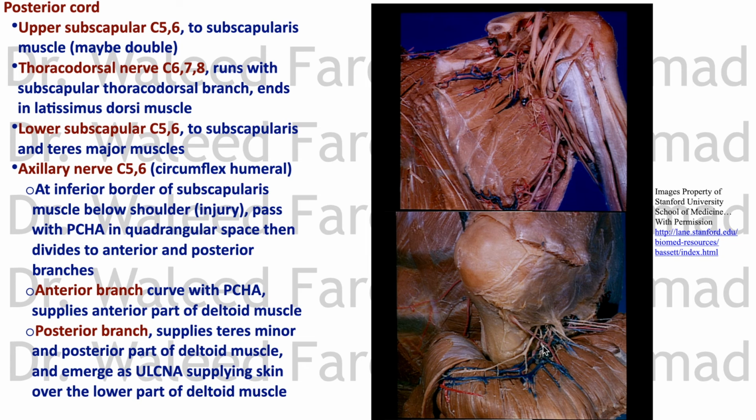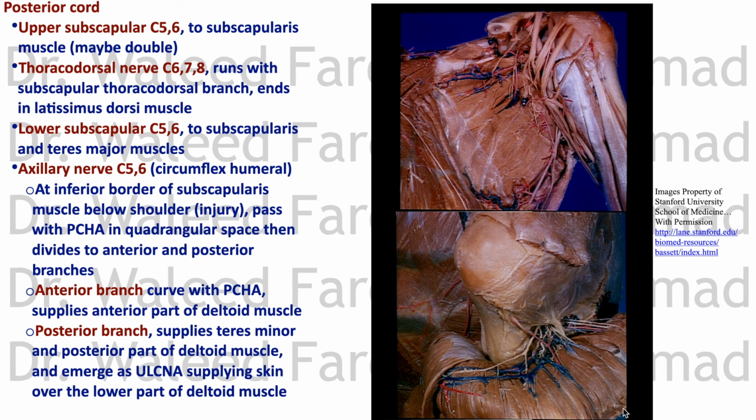Now the anterior branch continues with the posterior circumflex humeral artery and supplies the anterior part of the deltoid muscle. The posterior branch supplies the teres minor and posterior part of deltoid, and then emerges on the skin to become the upper lateral cutaneous nerve of arm.